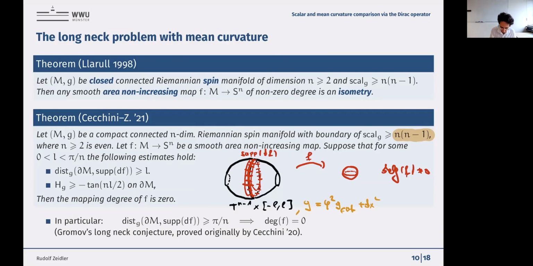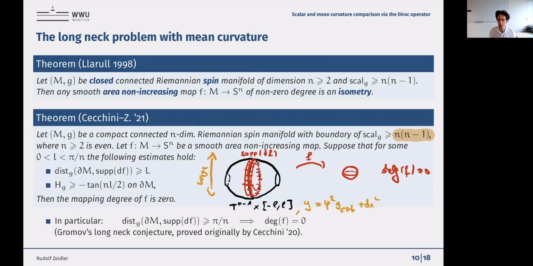But the crucial trick is to make sure that this vertical direction here, the torus direction, is large. And if you make that large, you can make it as large as you want. When you write down this map to the sphere, you can contract this direction, and that allows you to compensate for any increase that you need if you enlarge this small strip here.